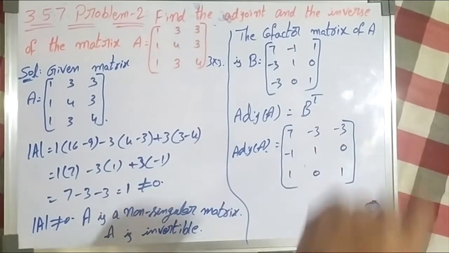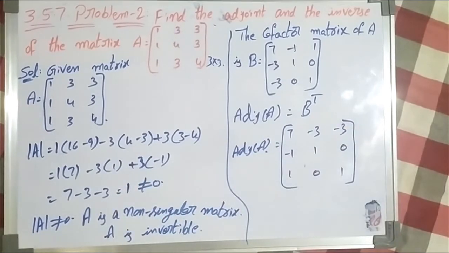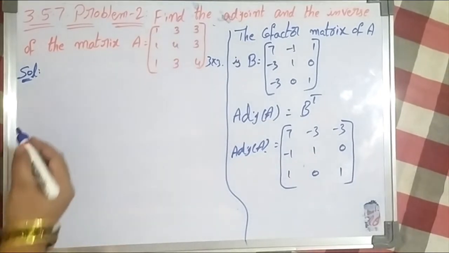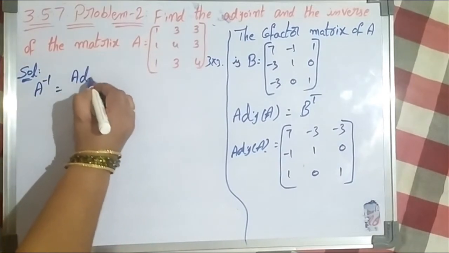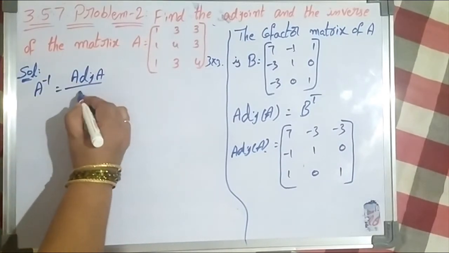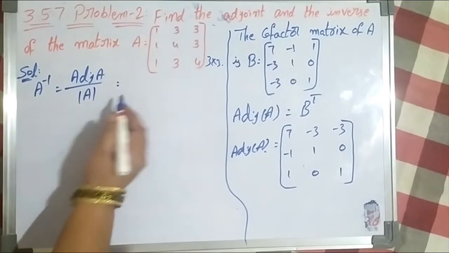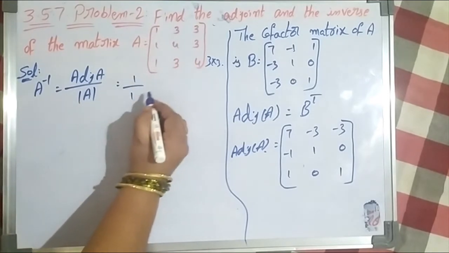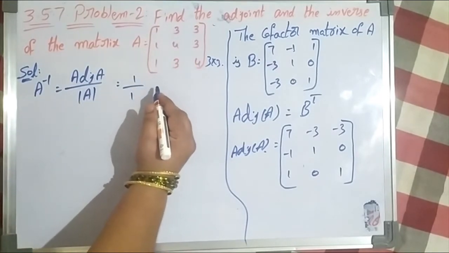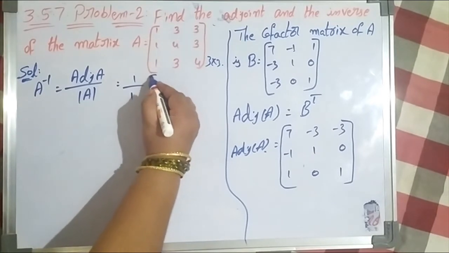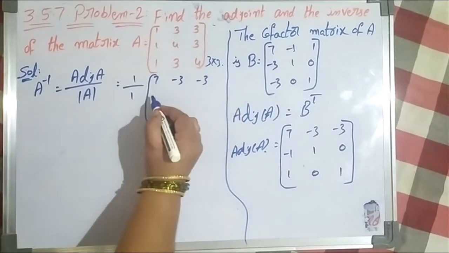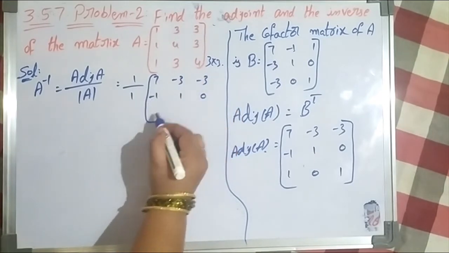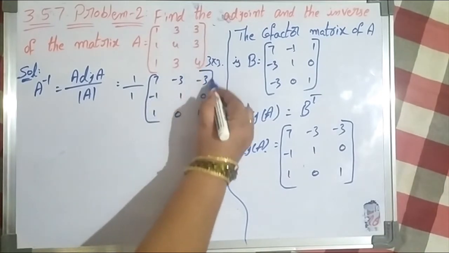Next we have to find the inverse of the given matrix. The formula is A inverse equals adjoint of A by det A. We know det A value is 1. So 1 by 1 into the adjoint of A matrix, which is 7, minus 3, minus 3, minus 1, 1, 0, 1, 0, 1.